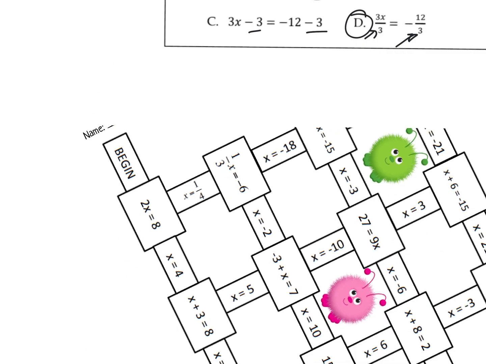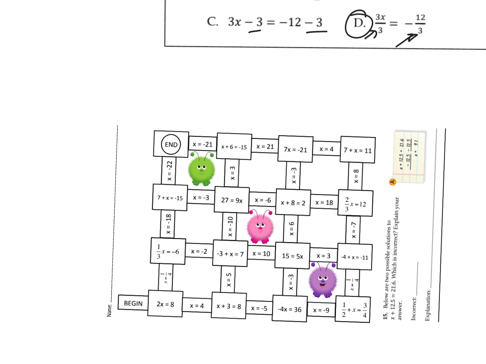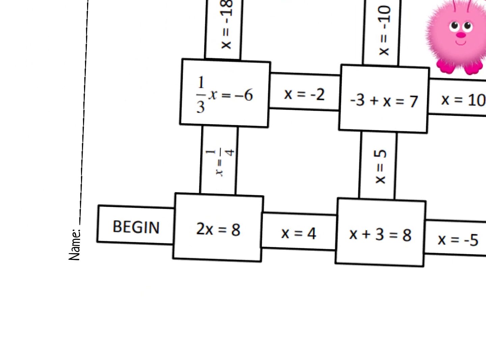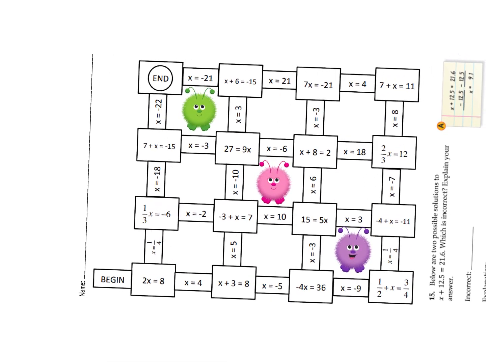Let me turn it sideways so you can see what I'm talking about. You're going to solve this equation. If you get x equals 4 as an answer, you'll do this one next. If you get x equals 1/4 as an answer, you would go this way and solve this equation next. So you just follow around your answers until you get to the end, which is in the top left corner.